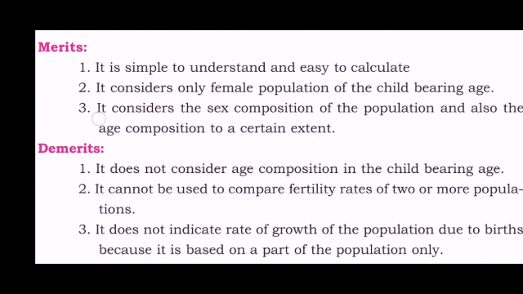So GFR is not used to compare two or more populations. Only we can compare with our own population. Last year what is the GFR and this year what is the GFR, that we can do, but we cannot compare with other localities because it considers the entire female population.